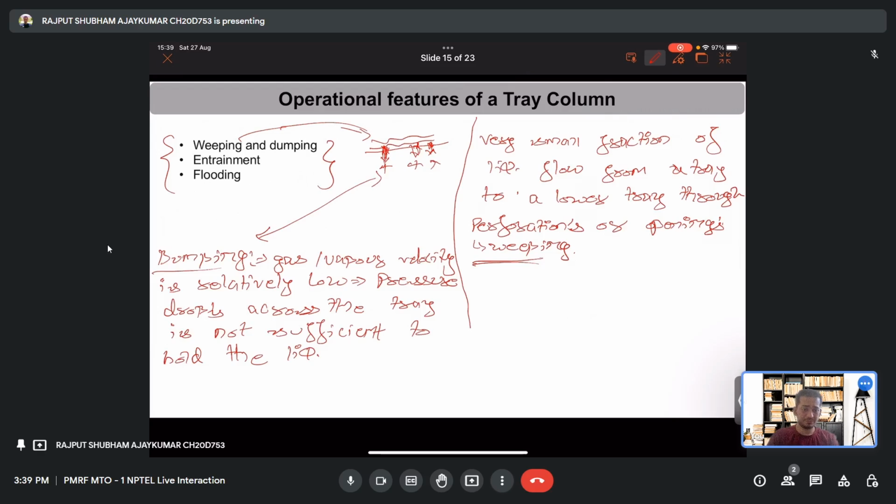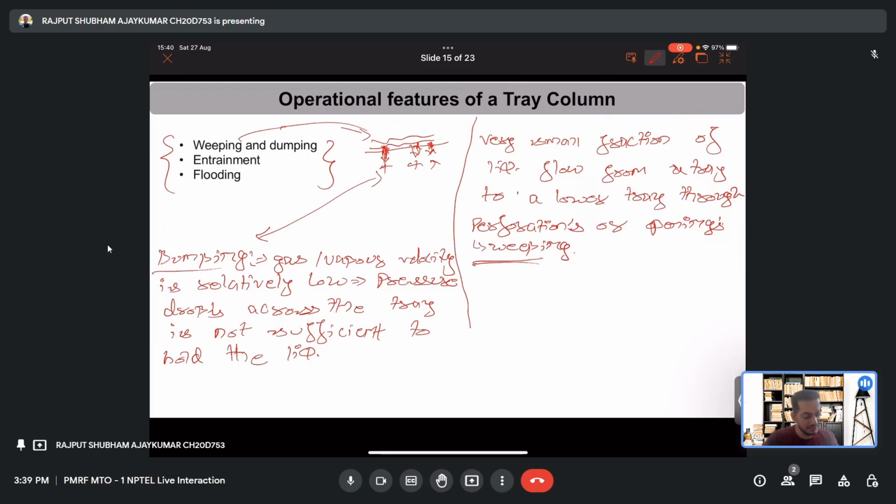So the efficiency is reduced, because some of the liquid droplets are carried over by the gas because of the high gas velocity, toward the top of the column to the condenser. This is known as entrainment.